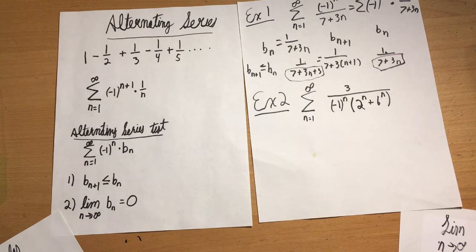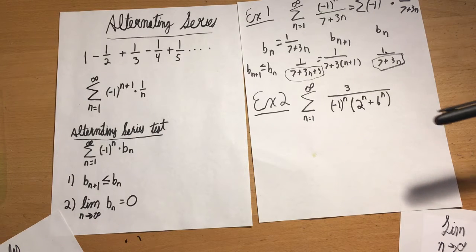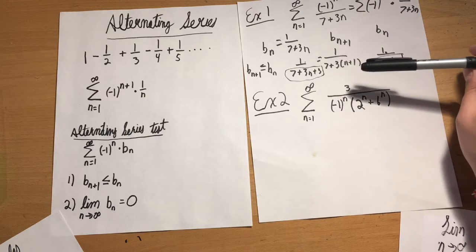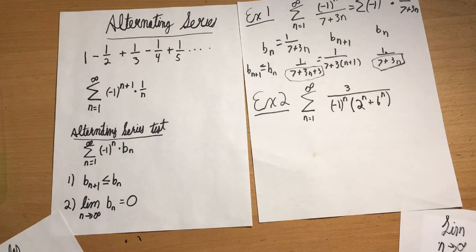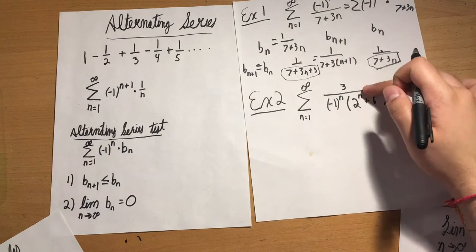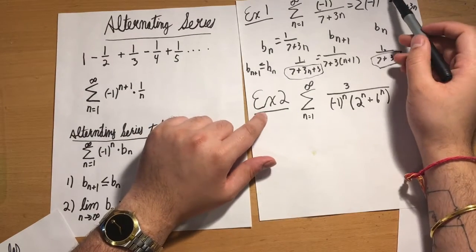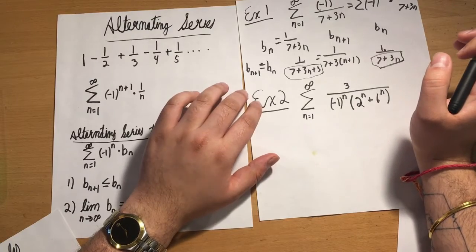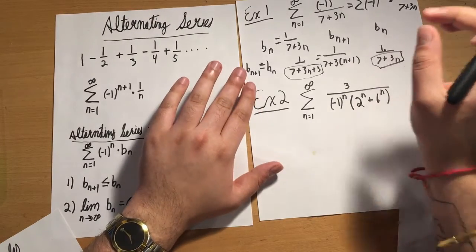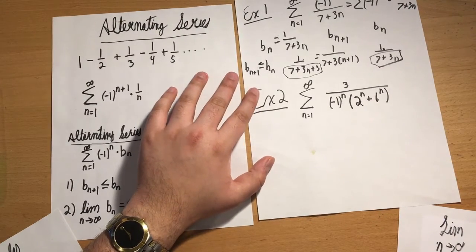So we have the infinite series from 1 to infinity of 3 over negative 1 to the n times 2 to the n plus 6 to the n. Now notice it doesn't really matter what the exponent is as long as it's negative 1 to some exponent that has the variable that we're changing.